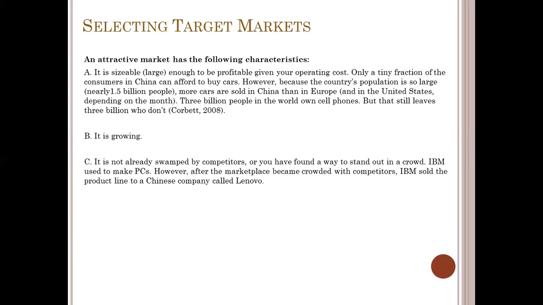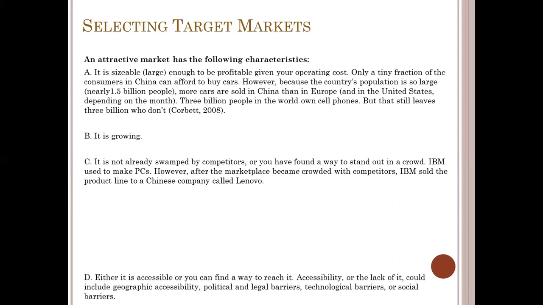We also have here, it is not already swamped by competitors, or you have found a way to stand out in a crowd. An example is IBM, which used to make computers or personal computers. However, after the marketplace became crowded with competitors, IBM sold the product line to a Chinese company called Lenovo. That's why IBM was lost in the market, because it was already sold to Lenovo.